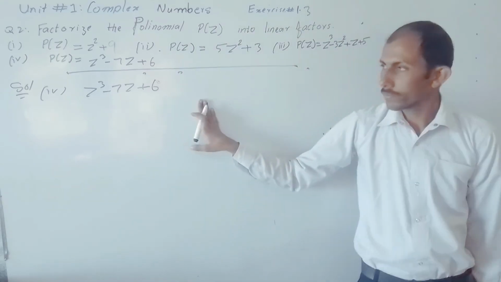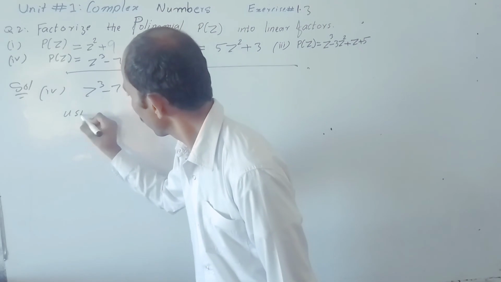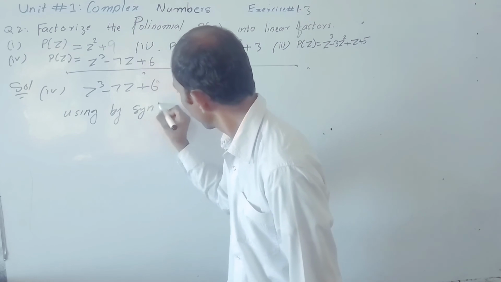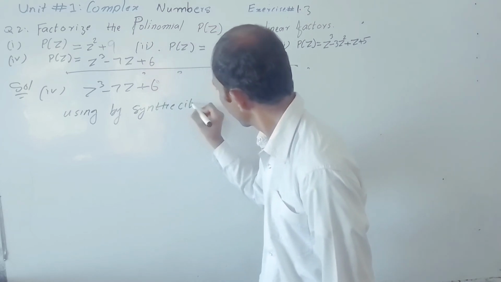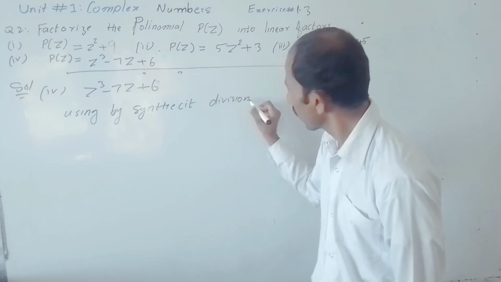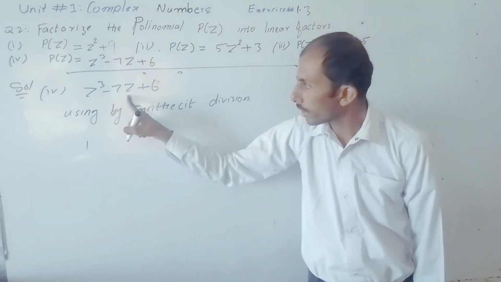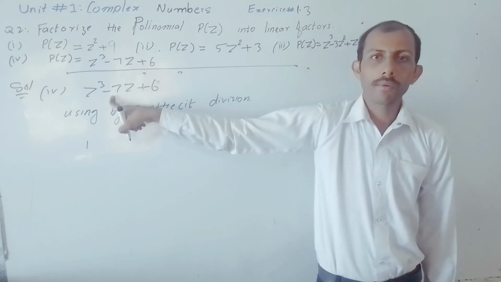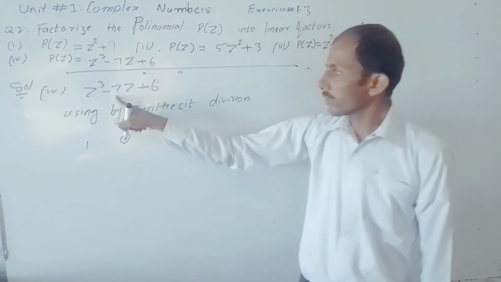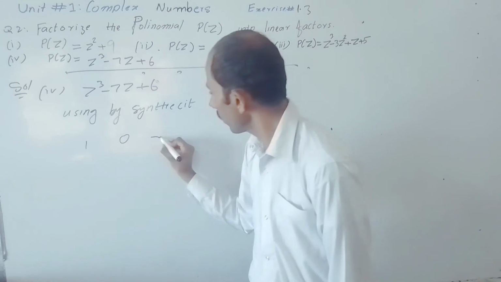So next, using synthetic division, first one, z cube coefficient is 1, so z square has no coefficient, z square value is 0, then z coefficient is equal to minus 7.